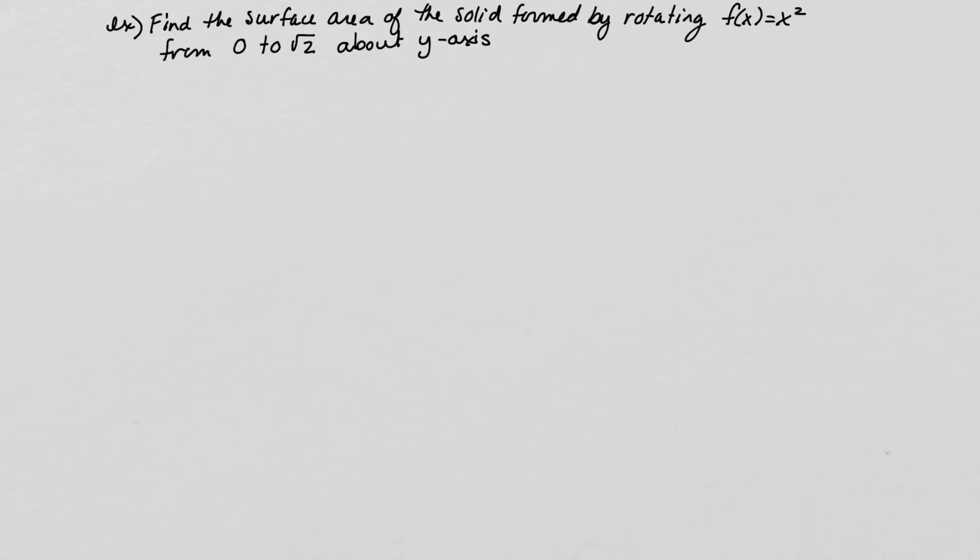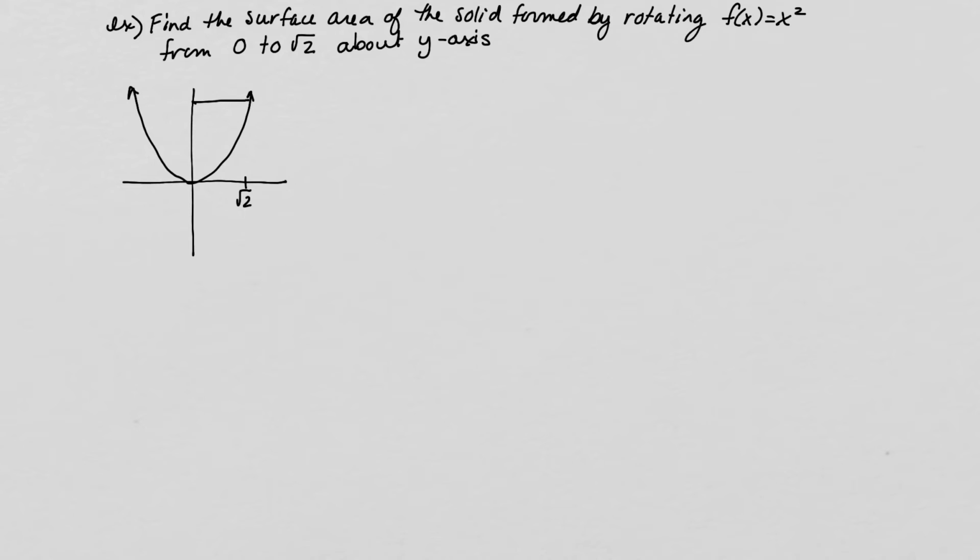Okay, so again here, right, here's my curve. So we're rotating the part from 0 to 2, right? Or 0 to square root of 2. And I probably should have said I want the part that's inside here.